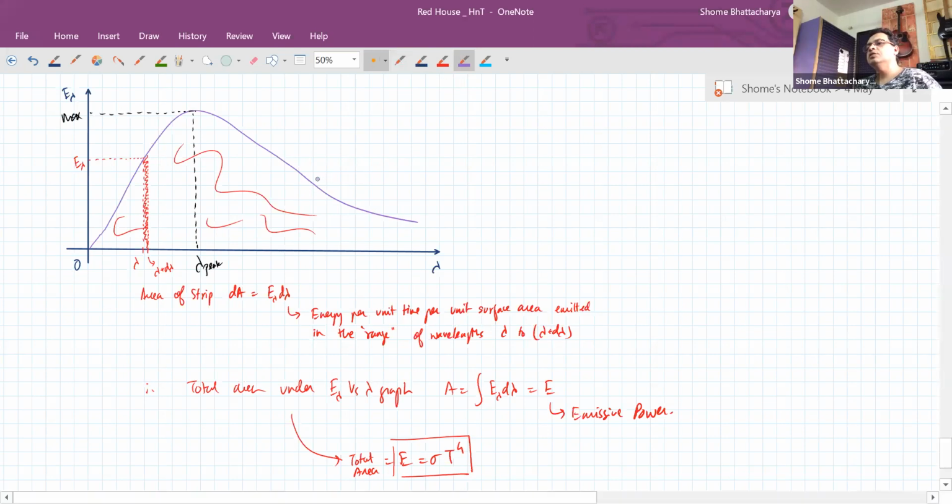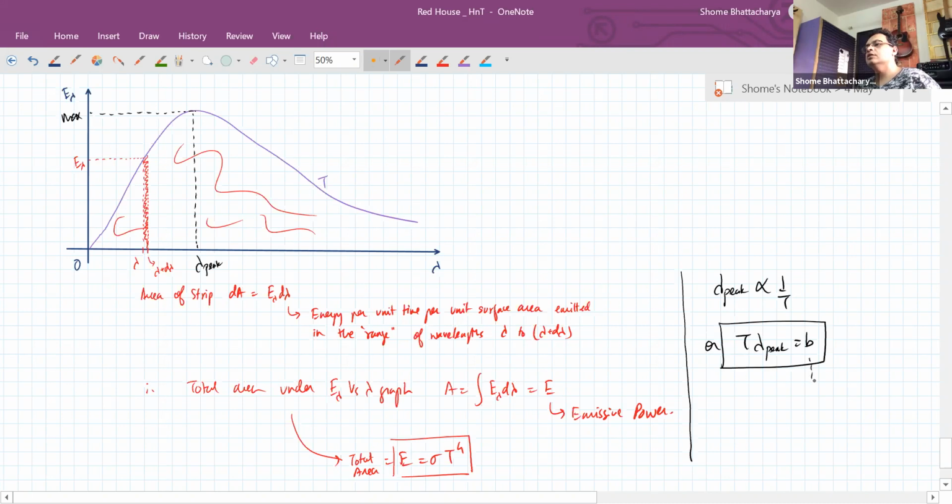So if the temperature of this black body is capital T, the other observation we have is that the value of lambda peak is inversely proportional to the absolute temperature. That is, temperature into the peak wavelength is a universal constant called Wien's constant. And related to this, we have the statement of Wien's displacement law, which I'm coming to next.